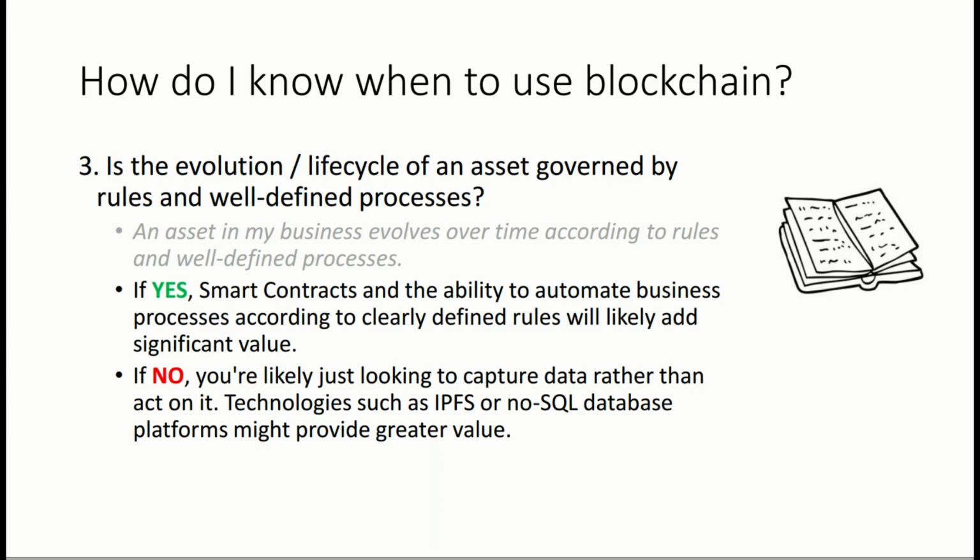If you are working with one of those rare assets whose evolution is completely and totally unpredictable, well, then likely all you're looking to do is just capture data about its state when it changes. You don't have any way to forecast or facilitate a change into what the next state is going to be. So likely you're just watching and observing and then keeping track of your observations. And if that's the case, conventional technology will likely work just fine there.